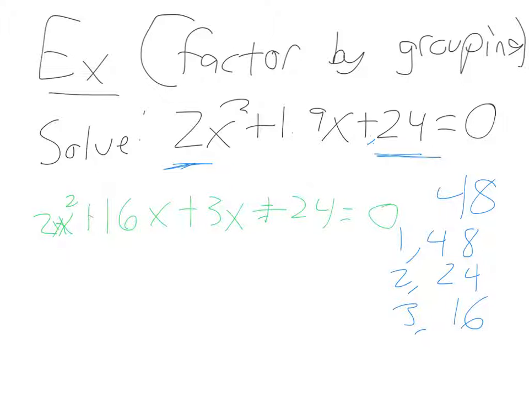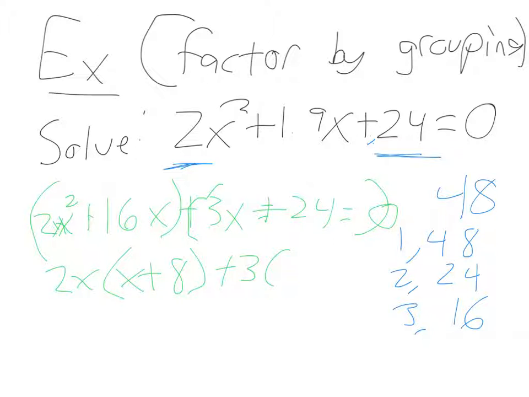Now, the reason we call it factor by grouping is because you group the first two terms together and you look to see what you can factor out. They're both divisible by 2 and by x, so if you factor 2x out of the first, you're left with x plus 8. Then for the second two terms, they're both divisible by 3, so if you factor a 3 out, you still have x plus 8 again.